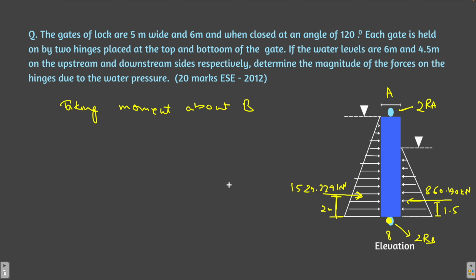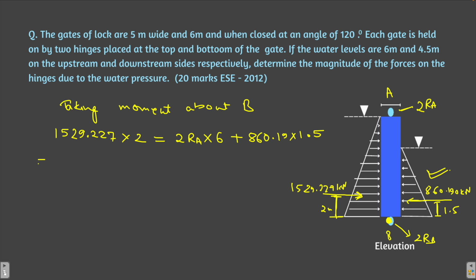So taking moment about B, the clockwise moment is caused by the force on the upstream side. So 1529.227 into 2, this is the clockwise moment, must equal 2 into RA, 2RA into the perpendicular distance, which is 6 meters, plus the moment due to the downstream force, which is 860.19, and the distance is 1.5.